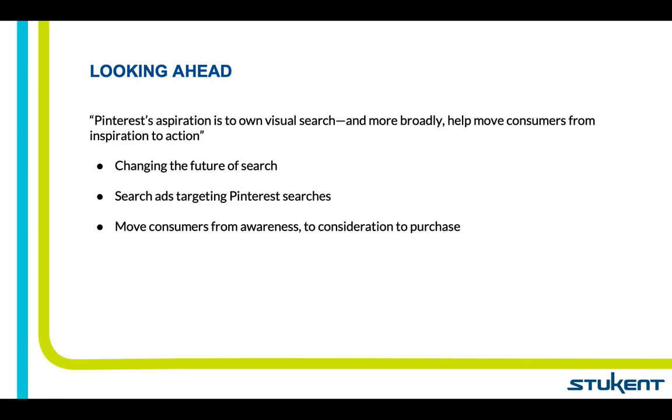And they're looking to move people from being inspired to taking action. So they're trying to change how people search. They're looking at search ads for targeting different Pinterest searches. So as you search on Pinterest, you may get related content that's sponsored. And they really are trying to push users to pull the trigger and buy versus just thinking about buying product.